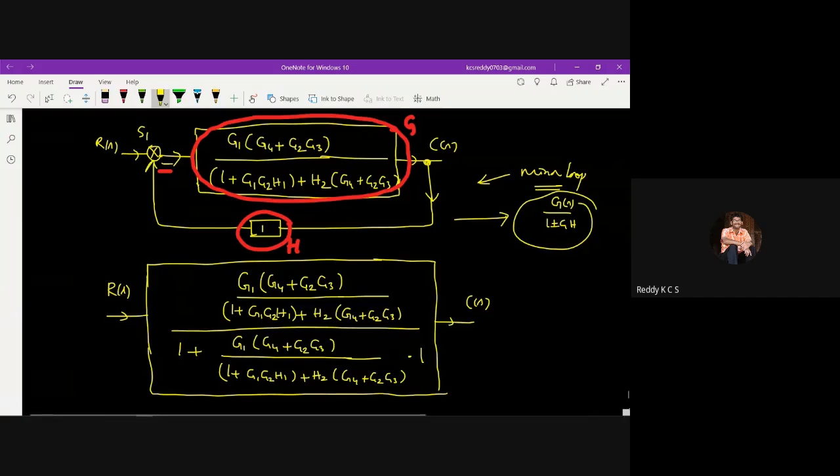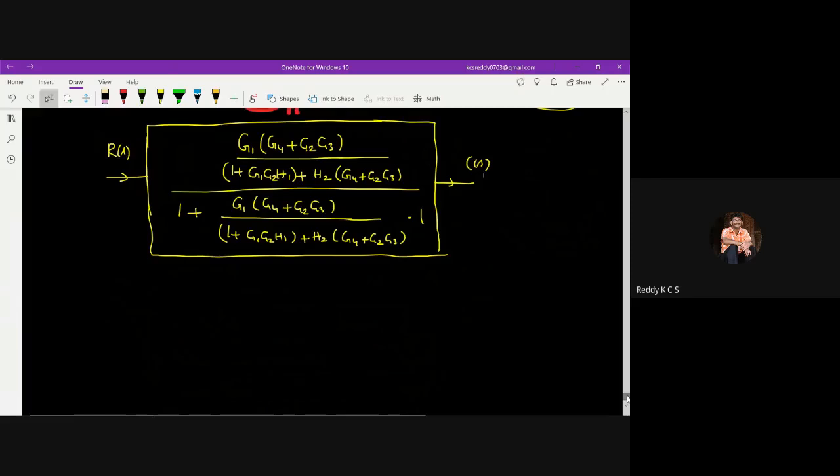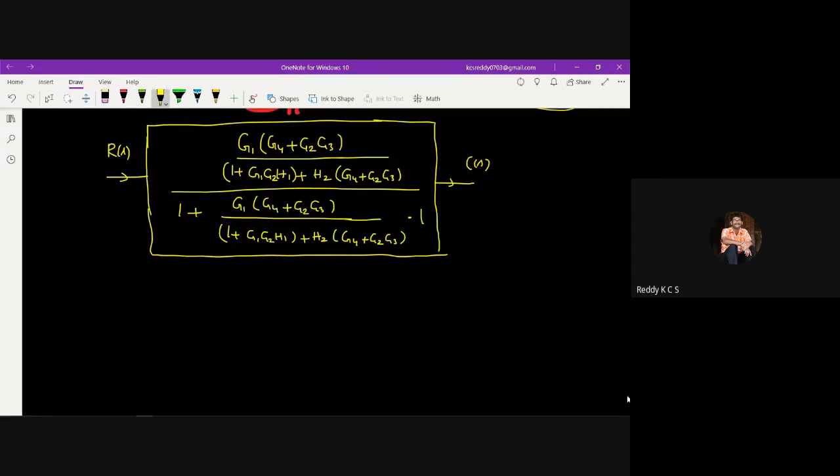Now for this simplification, I do it by taking the LCM in the denominator. Here there are two terms, and I'm making a single term by taking the LCM, and also you can cancel out the denominators like this.